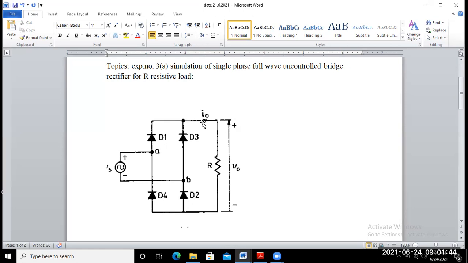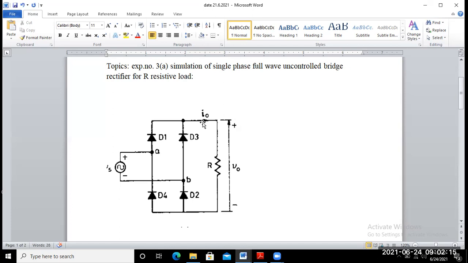Okay. So now, can you tell me which diodes are forward biased from 0 to pi, that means for the positive half cycle, and which diodes are reverse biased during the positive half cycle, and which diodes are in forward bias for the negative half cycle and reverse biased in the negative half cycle.